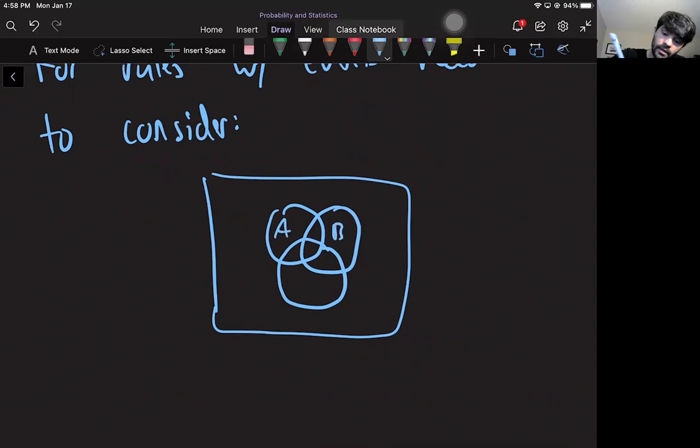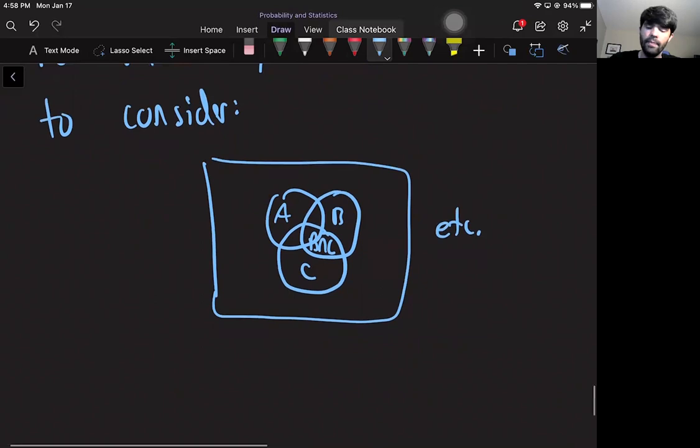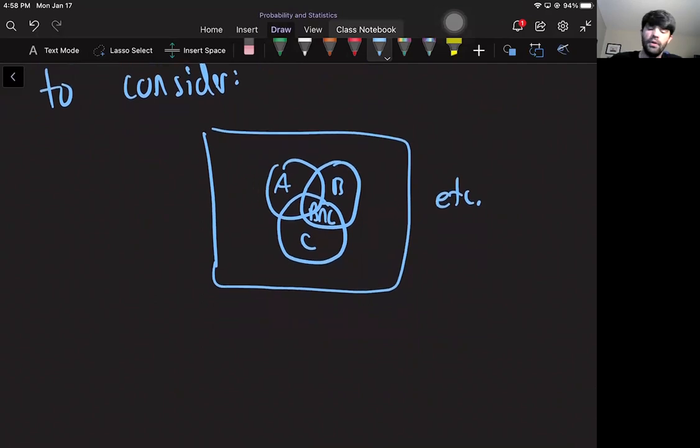So you would get things like, this is A, B, and C. This part is like B intersect C, and so on like that. It'll take a while, but you can check the rules using this type of diagram. And then it turns out if you wanted 4 or more, it becomes a lot harder to draw, and you have to not use circles. You have to use other shapes to get all the possible intersections and stuff. So it's sort of cool, but I'm not gonna worry about it too much.